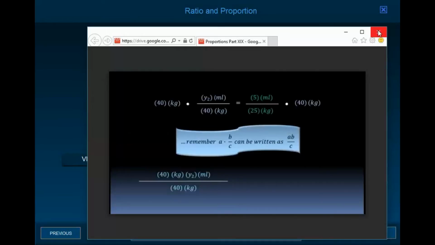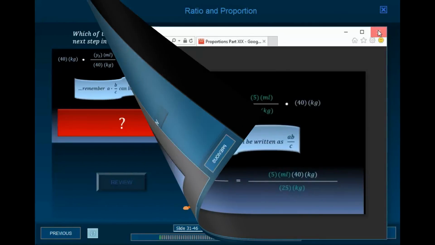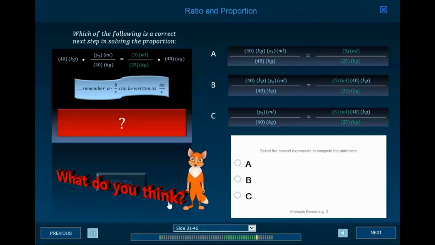And in the same way, we can rewrite the right-hand side of our equation as 5 milliliters times 40 kilograms over 25 kilograms. Which of the following is a correct next step in solving the proportion?